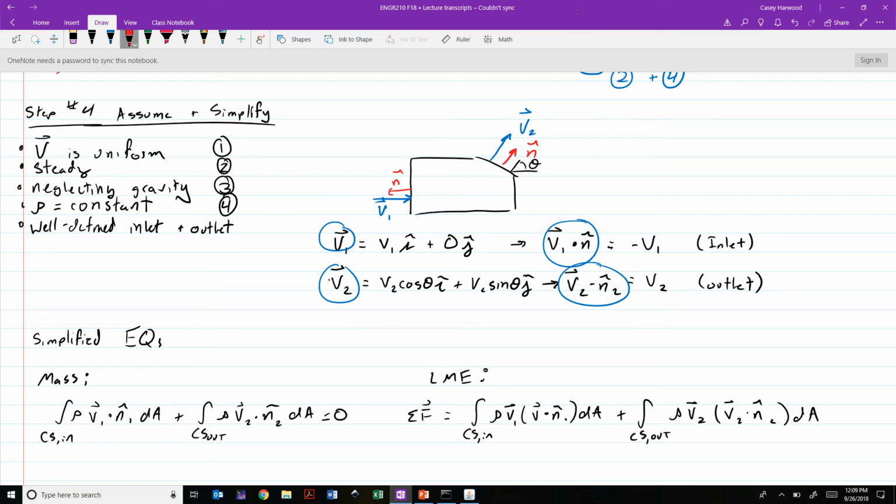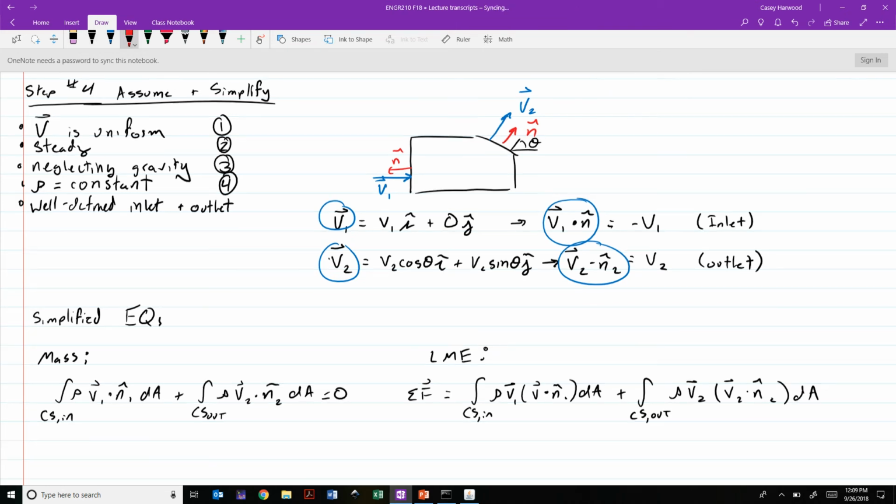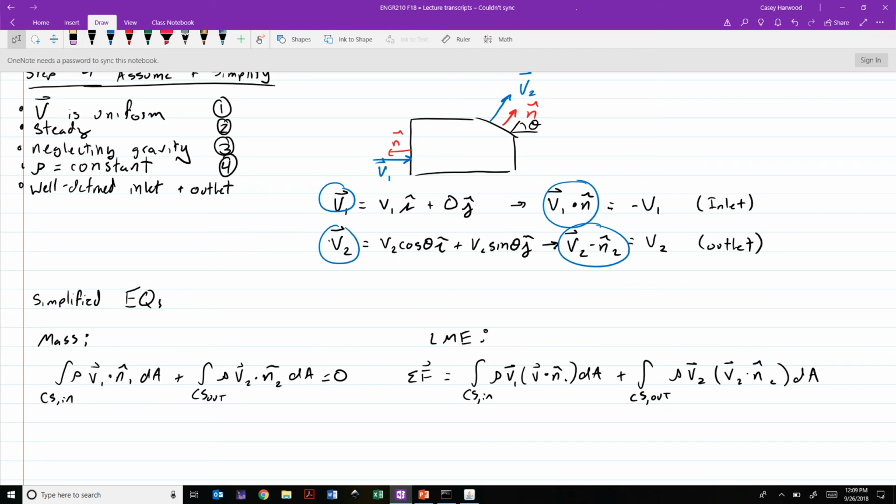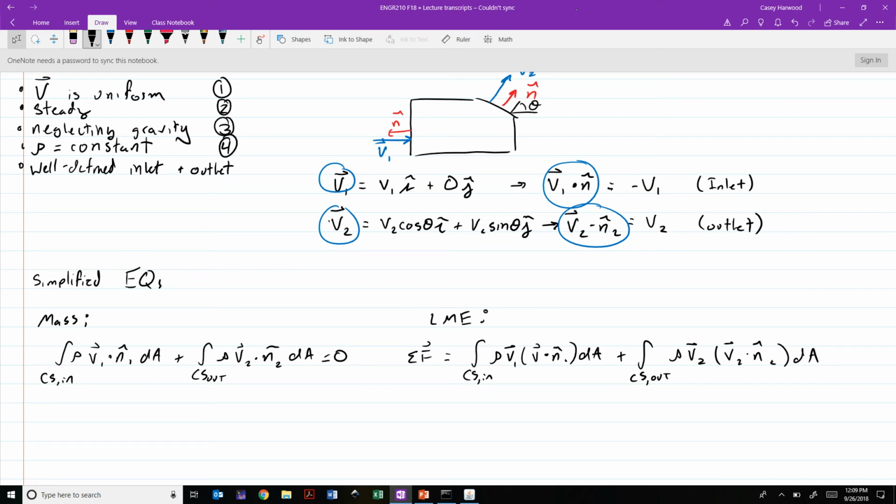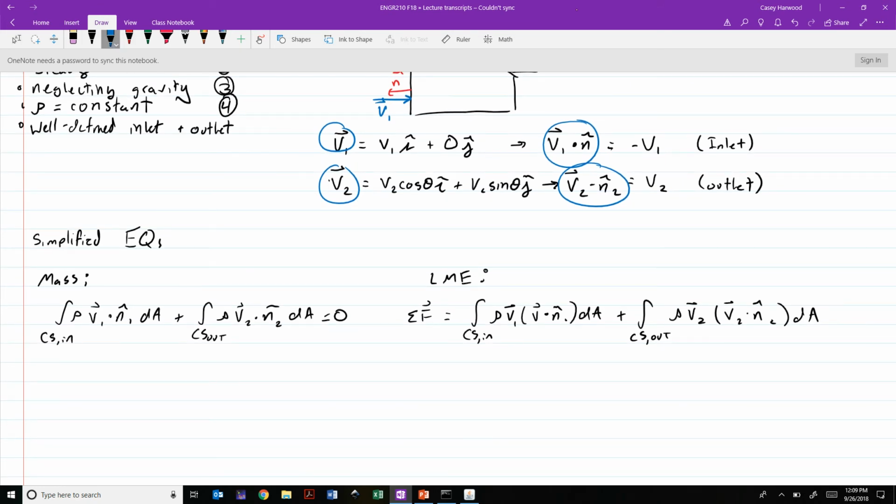All right, so I halfway simplified these because now here's where we can say we've already figured out that v1 is a constant, v1 dot n1 is a constant, v2 is a constant, v2 dot n2 is a constant, which allows us to further simplify by moving everything that's inside of the integral outside. In other words, everything here is a constant value over the inlet area, and everything here is a constant value over the outlet area.